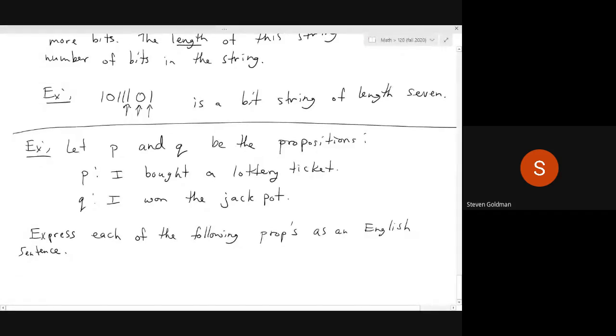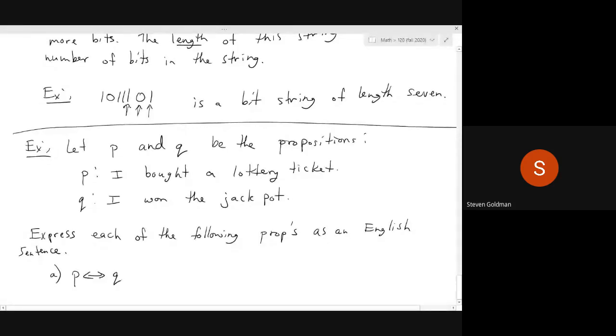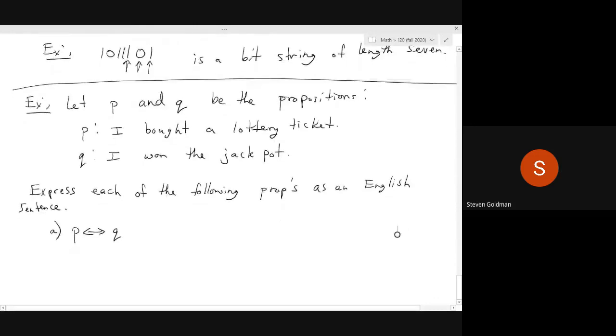Let's start with part A. Let's say I asked you to write down this sentence here, P if and only if Q. Using these propositions, that would be the sentence, I bought a lottery ticket if and only if I won the jackpot.